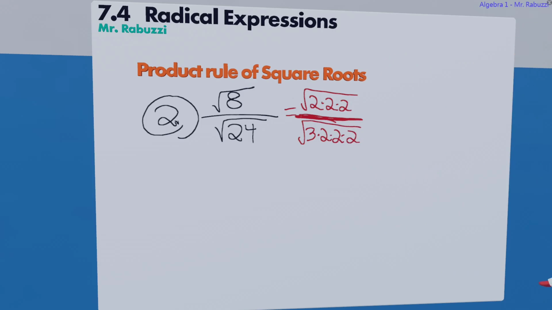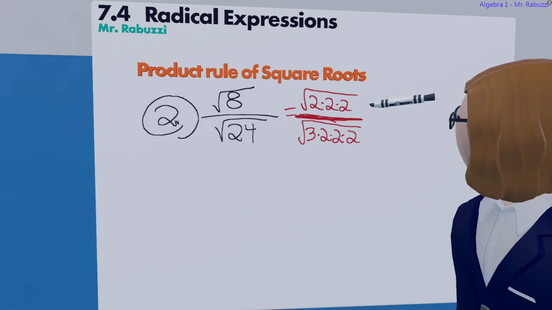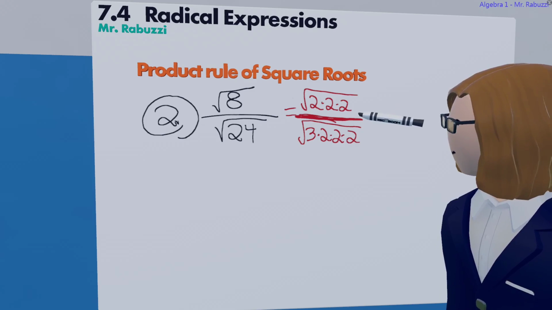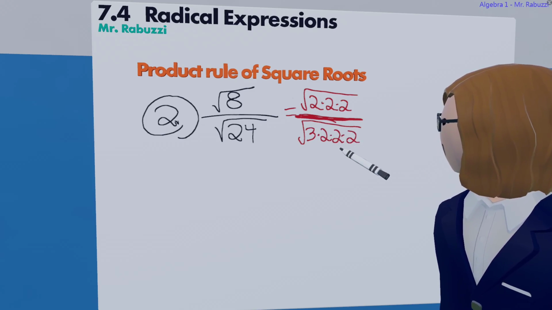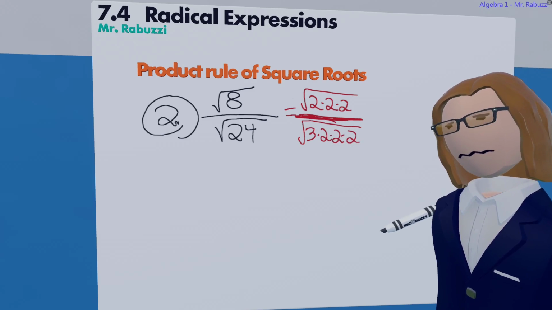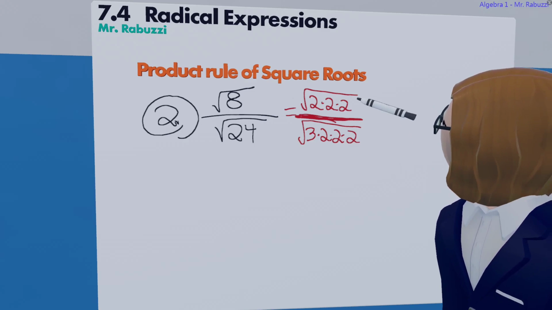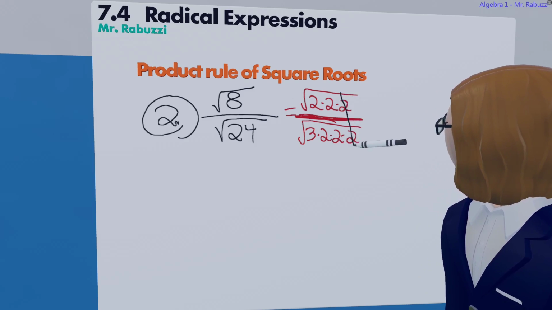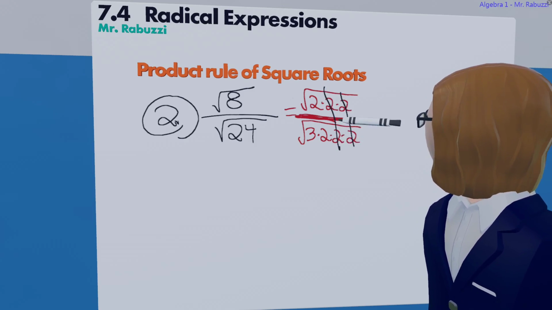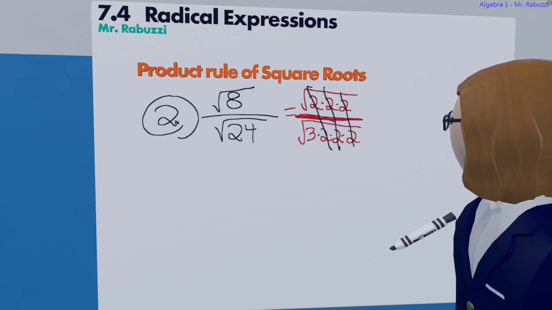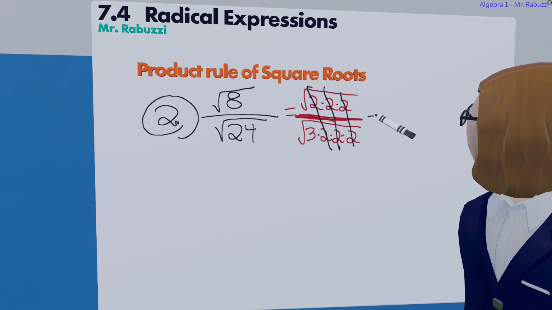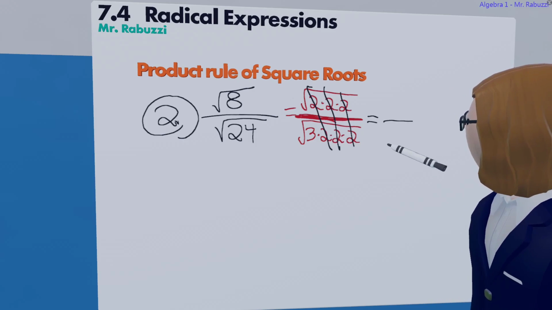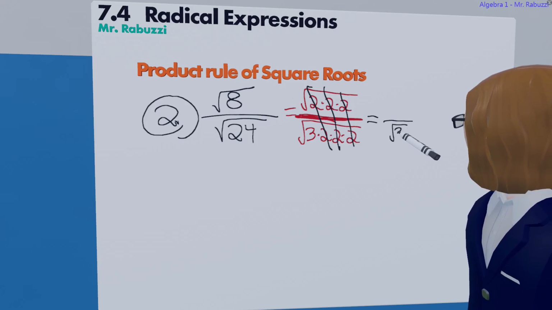Okay? Under a radical up here, everything is multiplying. That's good. Everything is multiplying in here, too. If all you have is multiplying, then you can cancel things out by dividing them out. So we have a 2 on top and a 2 on the bottom, a 2 on top, a 2 on the bottom, a 2 on top, a 2 on the bottom. So all that's left, on the bottom we have root 3.